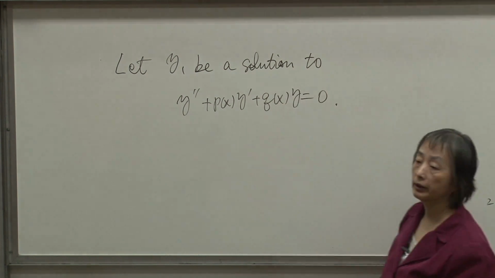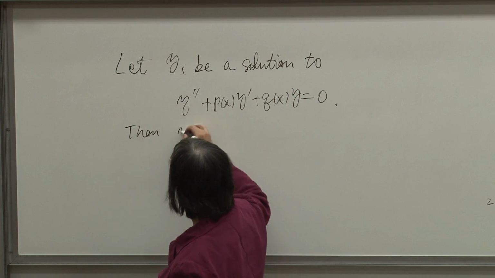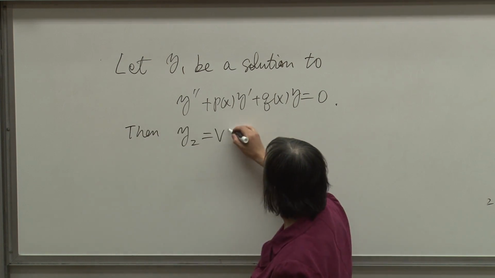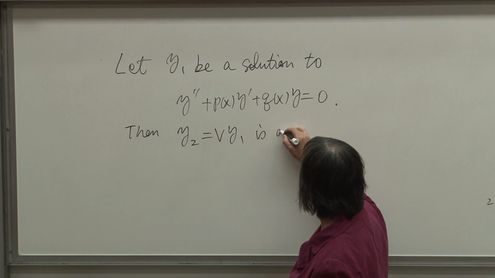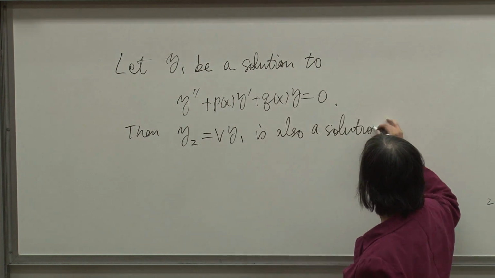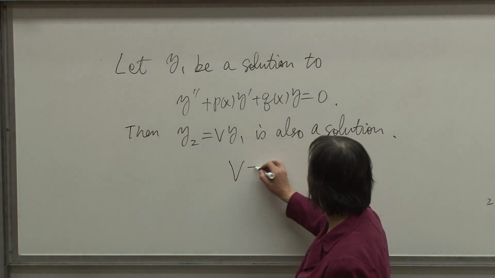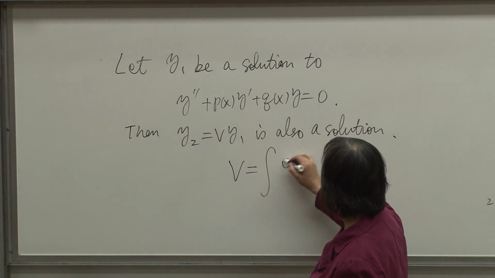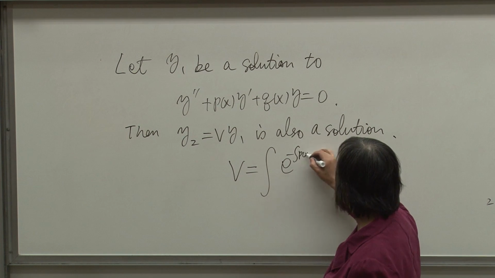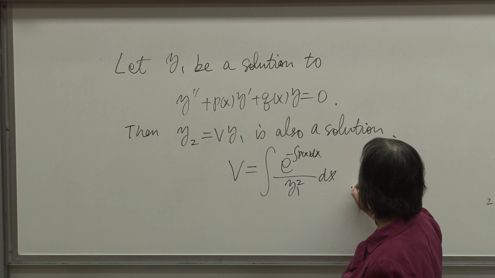This is a homogeneous ODE. Then y2 that equals v times y1 is also a solution. Do we remember this technique, where v is the integral of e to the negative integral of p, over y1 squared?